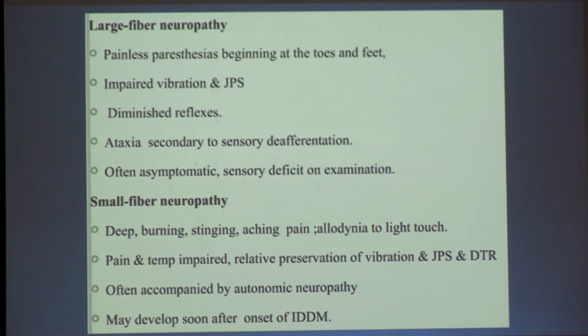Then impairment of vibration sensation and proprioception, and impairment of the deep tendon reflex, especially the ankle jerk, because the motor command is related to the corticospinal tract and comes through the large fiber.